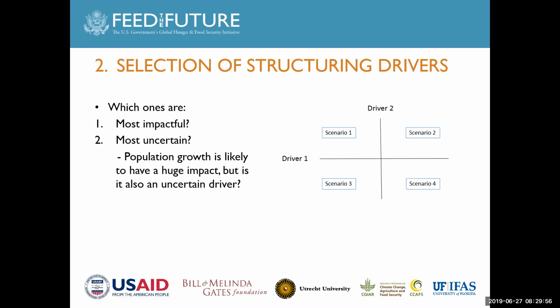Well, I beg to differ, because it's highly unlikely to see a population decline in many areas of the world in the coming decade. So that's not really a driver we want to choose as a structuring driver, because it can go either one way or the other. We want a driver that can go either one way or the other.